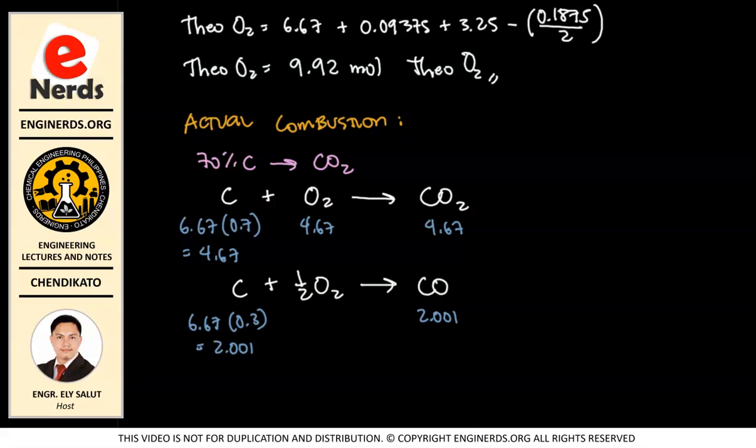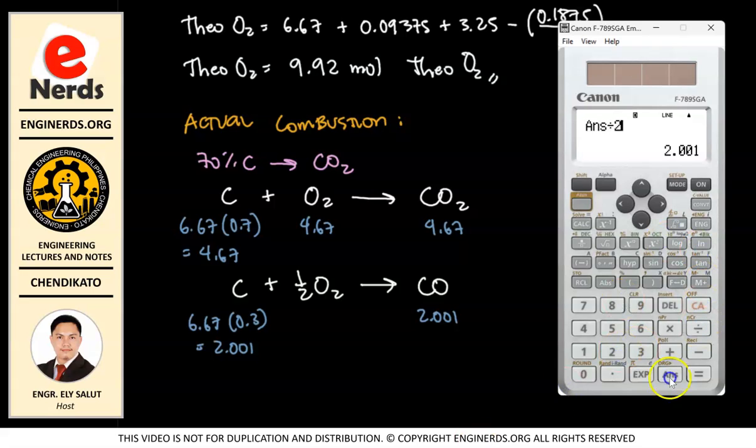But for our O2, you have to divide this by 2, so we have 1.0005.